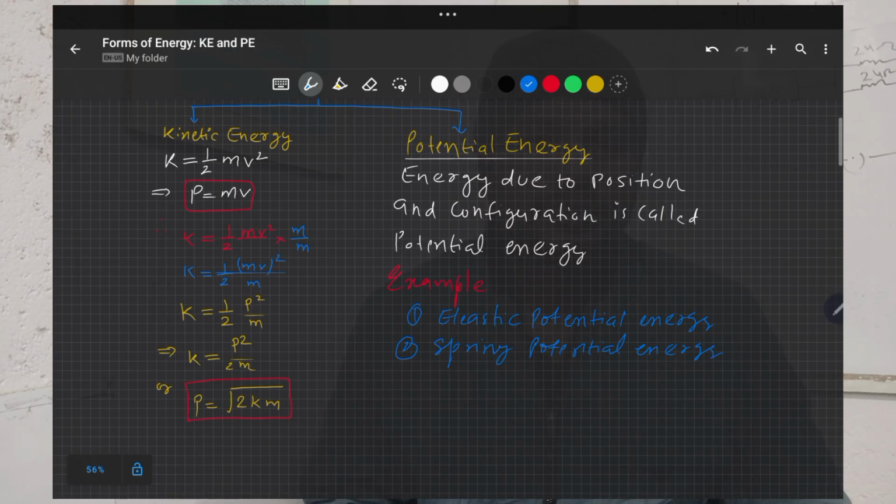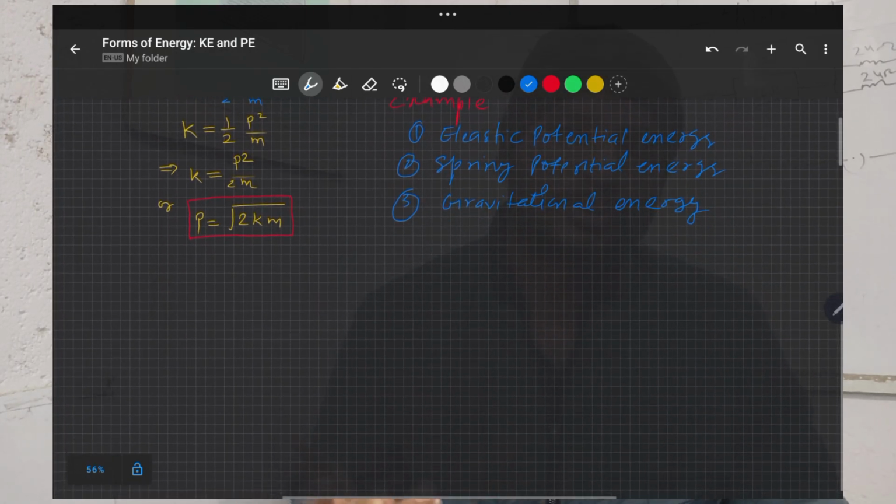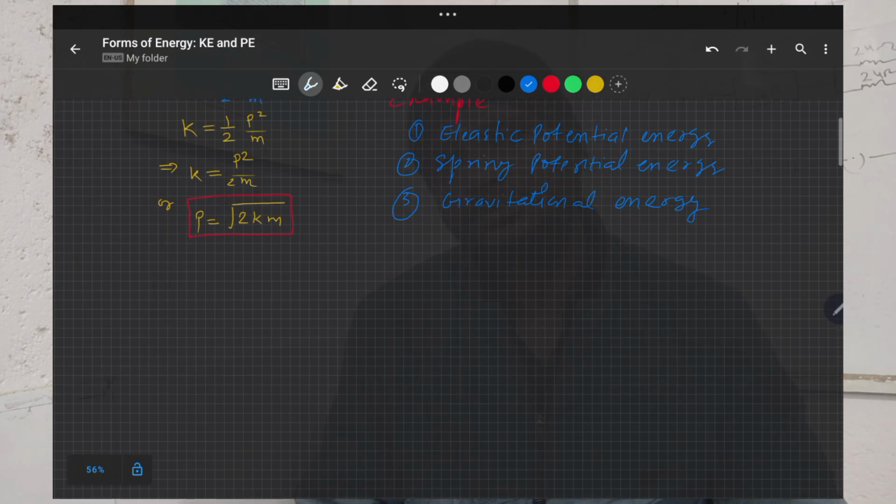It is an invisible force, which you can't see, but you can feel that it is opposing. It tends to bring the sling rubber to its initial position. So when you are stretching and changing its configuration and position, it has energy because it has the ability to provide kinetic energy. So this is potential energy.